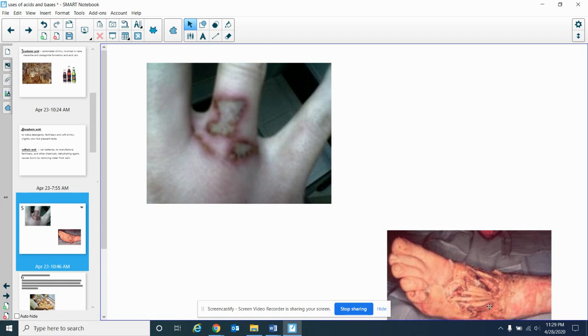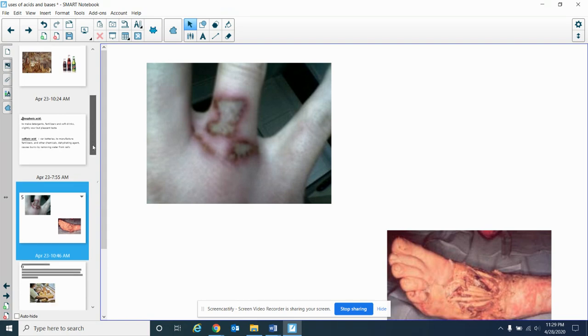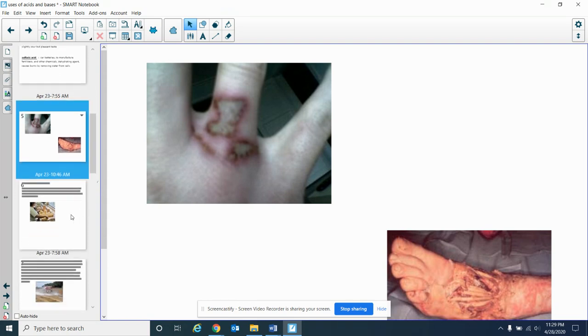This would be like if it was sitting there for a long time with strong acid on it. It can eat through the skin and get down through the muscle and all that, but that would take a bit. If you immediately wash it off, it's not going to be that bad. But again, acids can burn you.